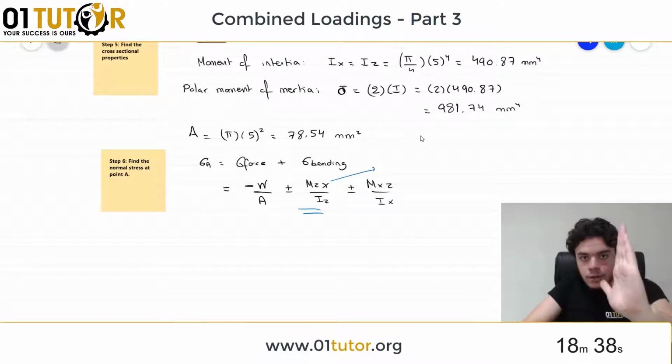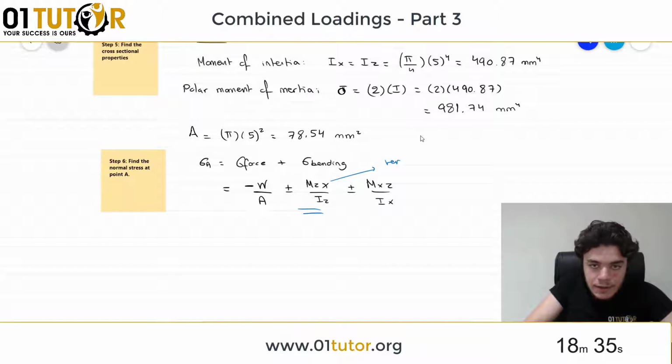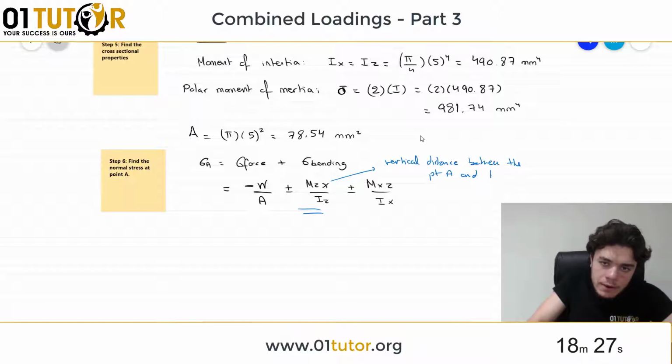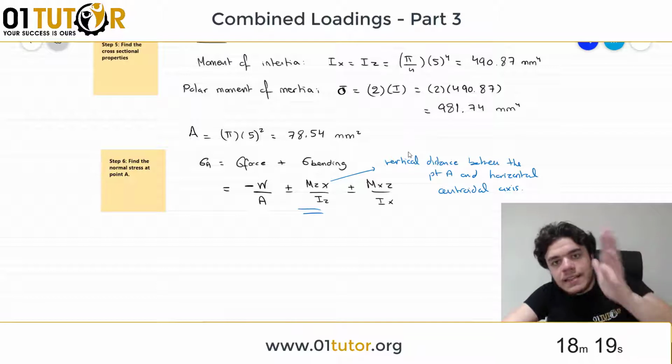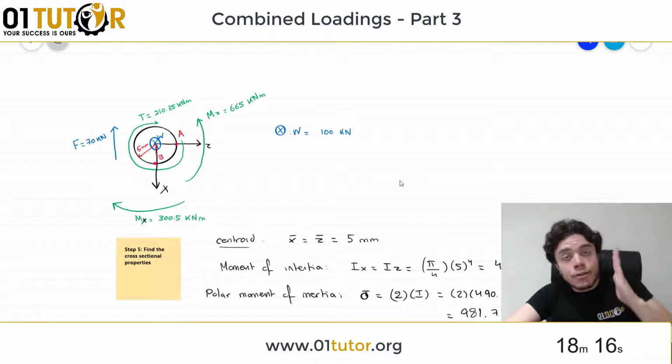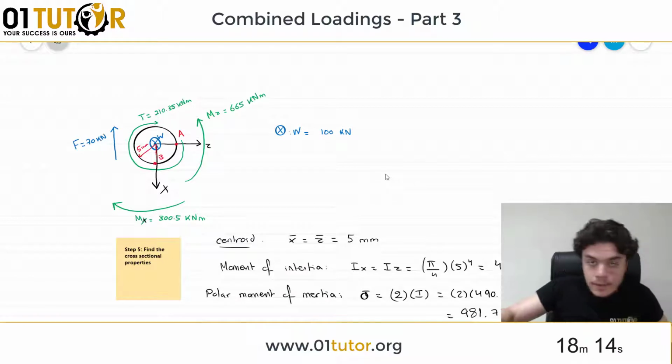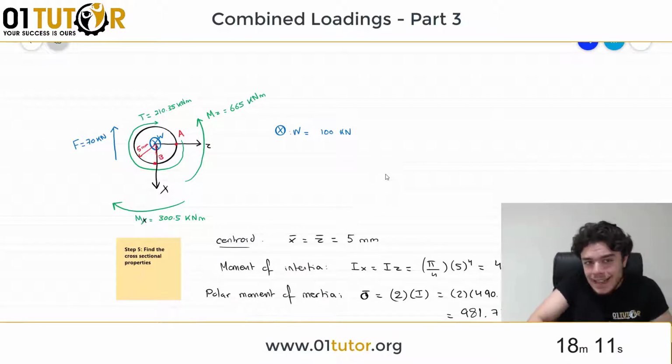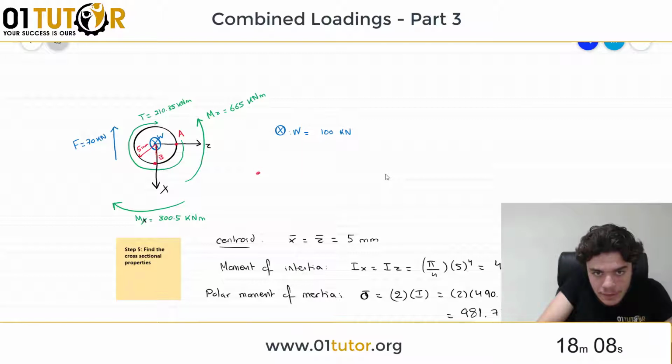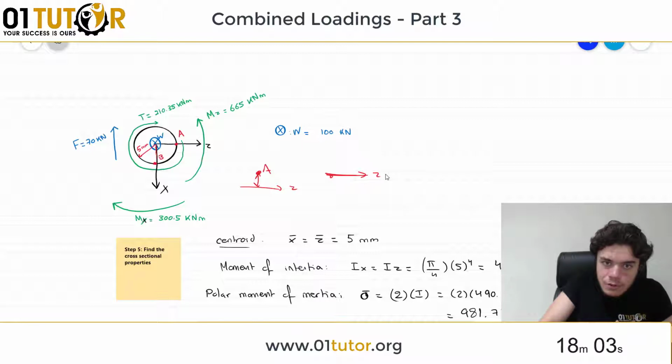X in here, since the x-axis is now vertical, x in here is the vertical distance between the point A and the horizontal centroidal axis. Okay, so if I tell you Mz x over Iz, since x is vertical, it's going to be the vertical distance between point A and the horizontal centroidal axis. But the horizontal centroidal axis is z, so there is no vertical distance between z and point A. Point A lies on z, so x is 0, and therefore Mz is equal to 0.